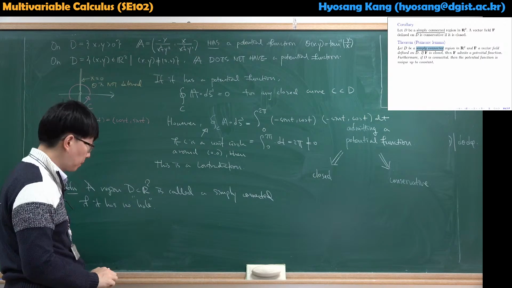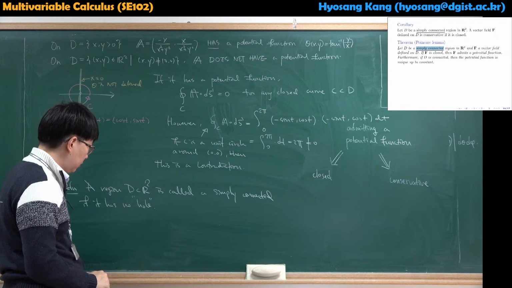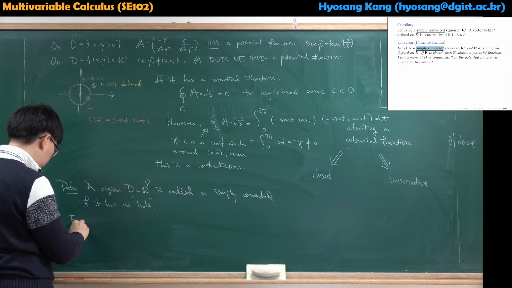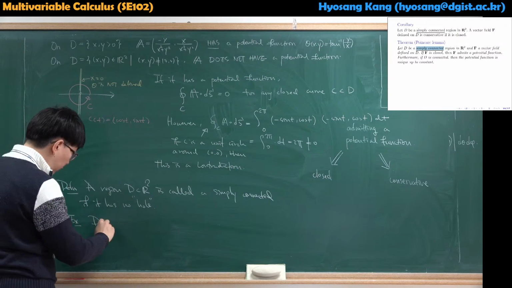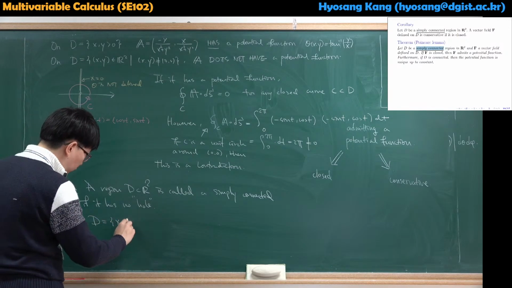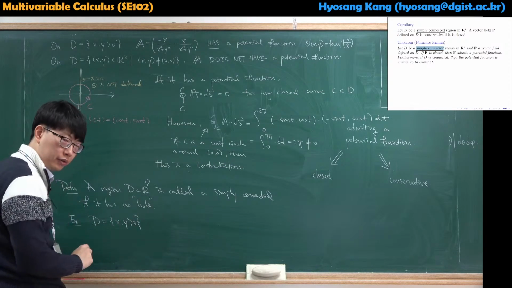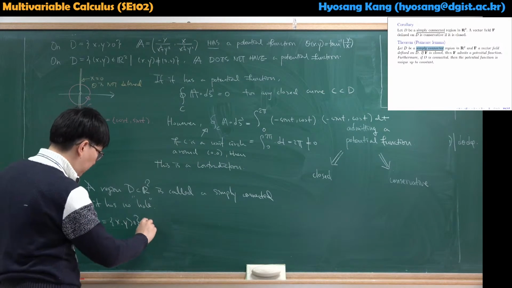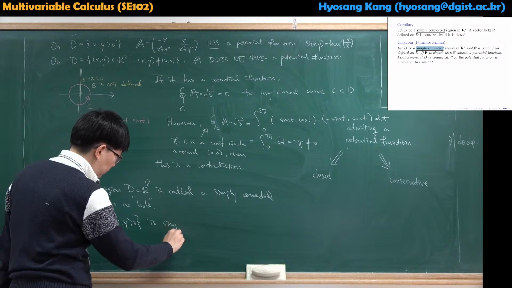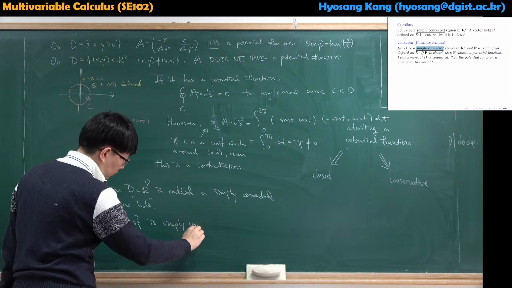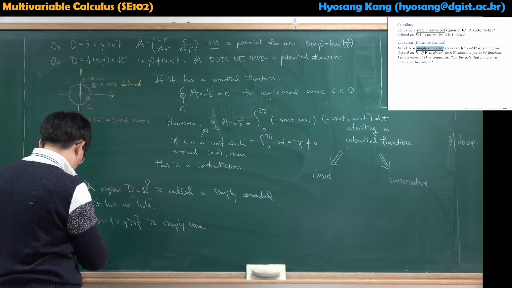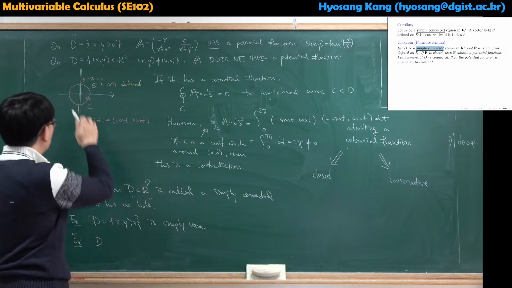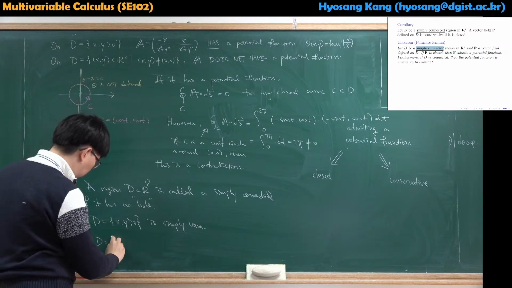So for example, let's say D is the first quadrant inside of R square; it is simply connected. What about the domain that we have chosen in the second place?